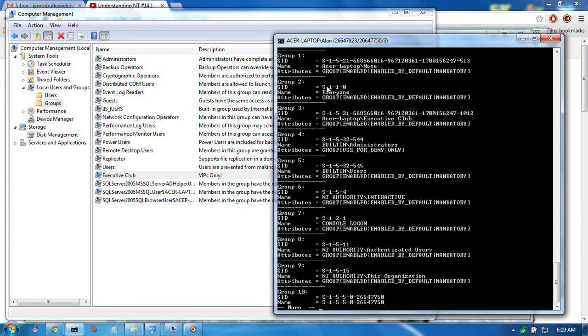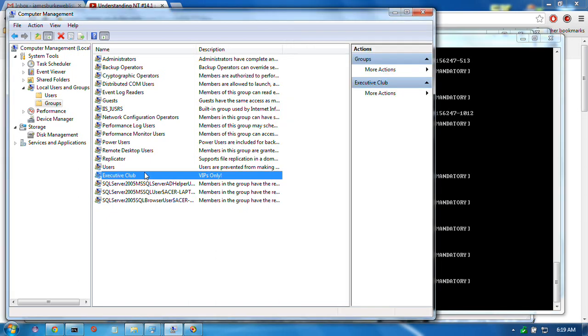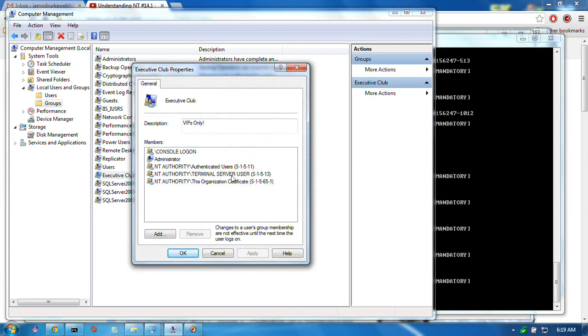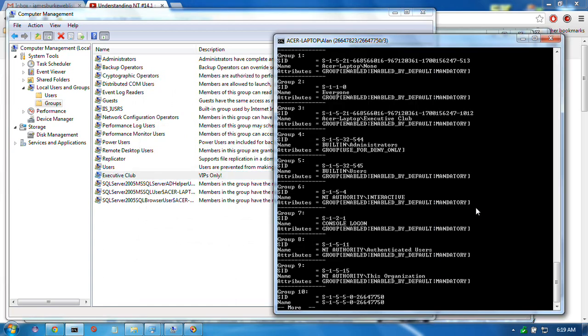I don't know what that is. Everyone is not listed in that list. More users. Interactive. It could be terminal server. I could be a terminal server user associated with an account.